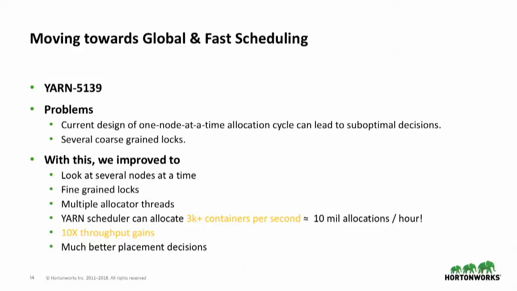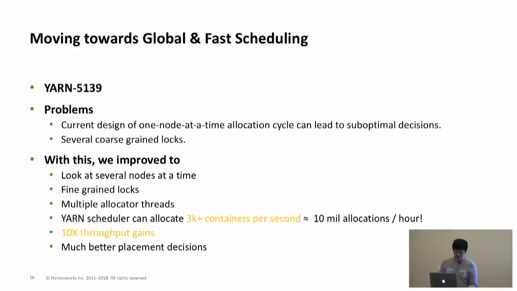Previously, the old version of scheduling had several problems: we focused on one node at a time when doing allocation. That can cause sub-optimal solutions, which may not be the overall optimal solution. It may also cause several coarse-grained locks. These are issues we definitely want to avoid.